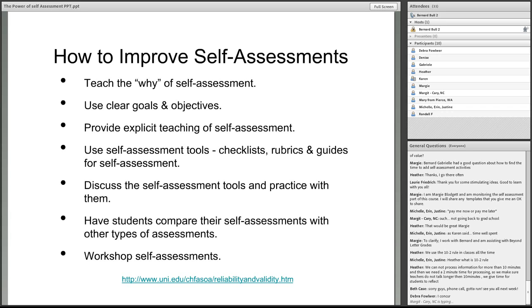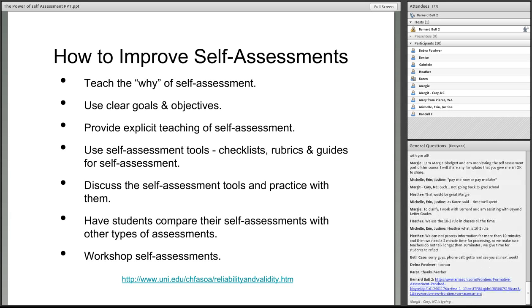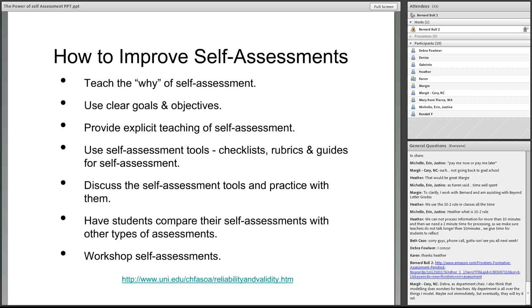This is one of the most powerful books that I've seen on assessment. As I said, it comes out of Harvard Press, and it's from 2011, very current research. It's an impressive work, and it makes a very compelling argument for the importance of formative assessment in learning organizations and in learning environments.